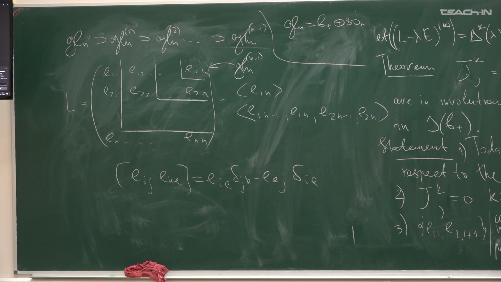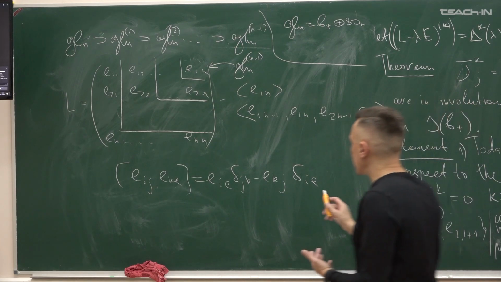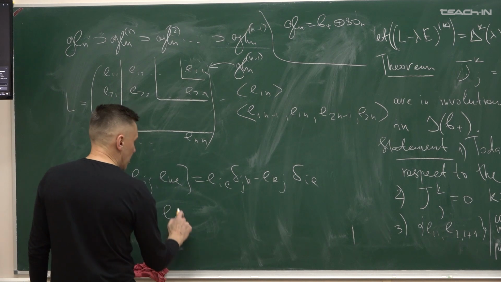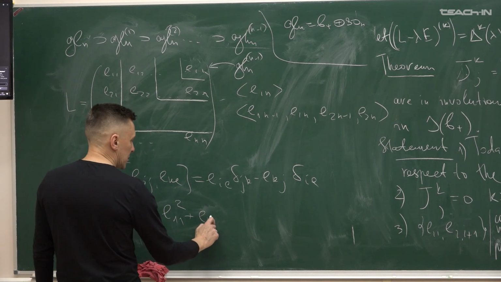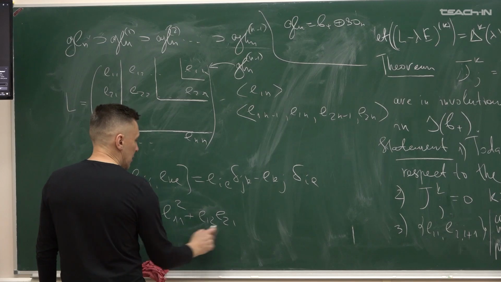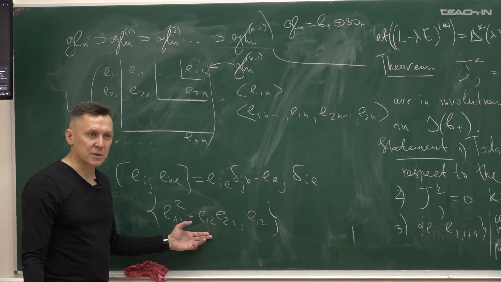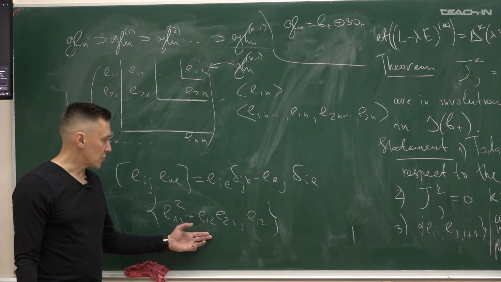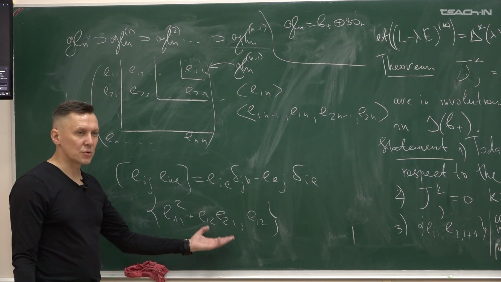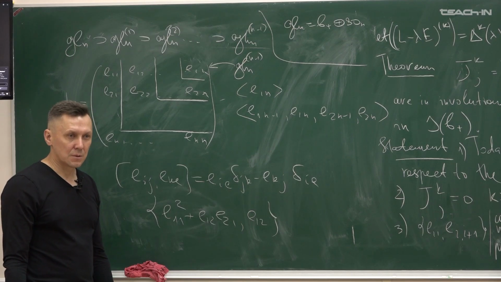They coincide only on linear generators, but then you consider polynomials, and it is continued by the Leibniz rule. So, for example, you can calculate E_11 squared plus E_12 E_21 with E_12. So it's not an element of the Lie algebra. To calculate the Poisson bracket, you have to use the Leibniz rule.